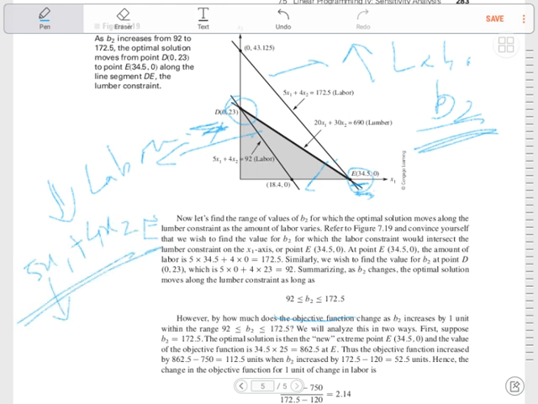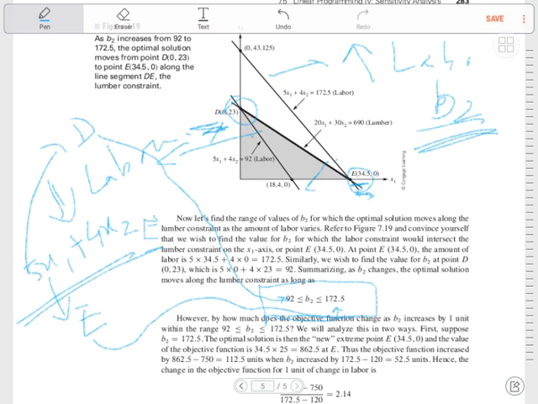So at E we are calculating it, and again at D we are calculating it. At D this is the amount 92, and at E this is the amount 172.5. So B2 variation is restricted by 92 and 172.5. Nothing else can happen in this case, otherwise you won't get any feasible region.